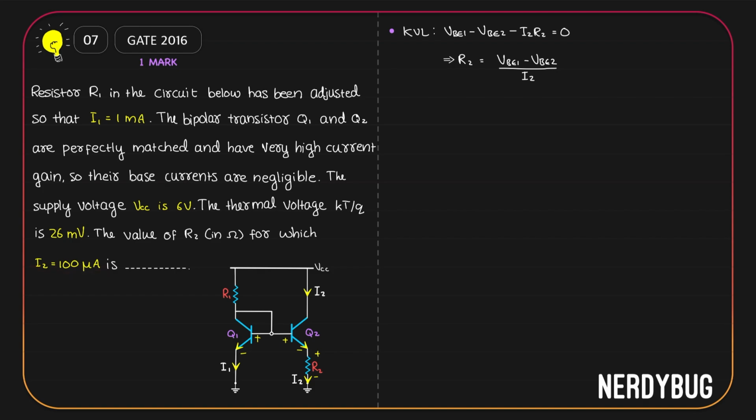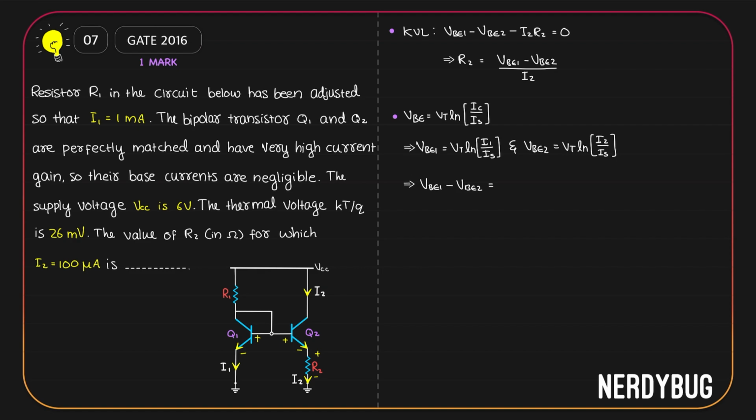So all we have to find out so that we get the value of R2 is the difference between VBE1 and VBE2. We know base emitter voltage is given by the expression Vt log of Ic by Is. So VBE1 will be Vt log of I1 by Is and VBE2 will be Vt log of I2 by Is. What we want is VBE1 minus VBE2.